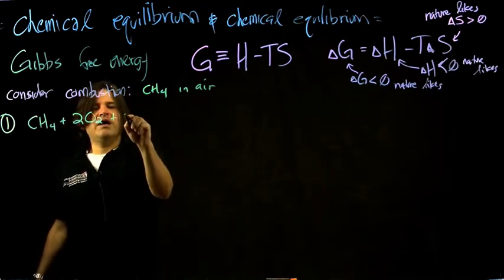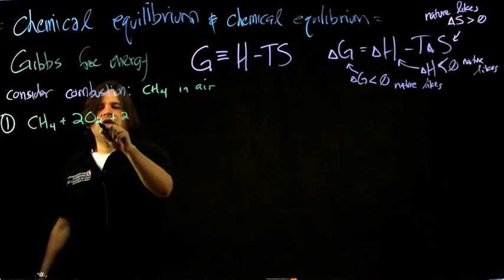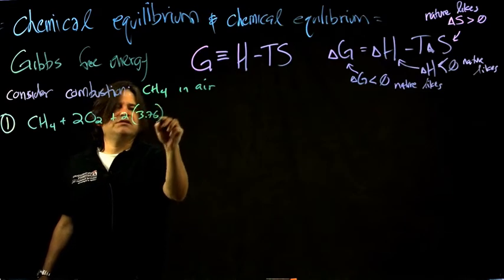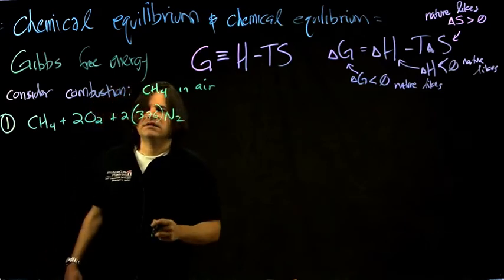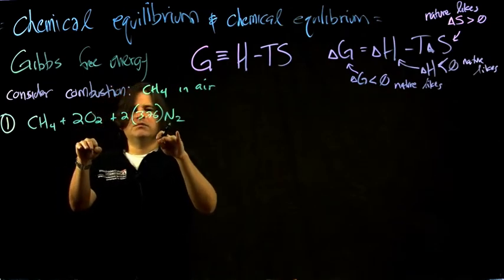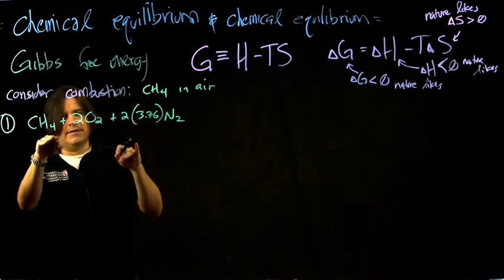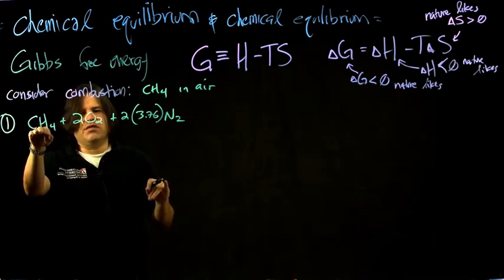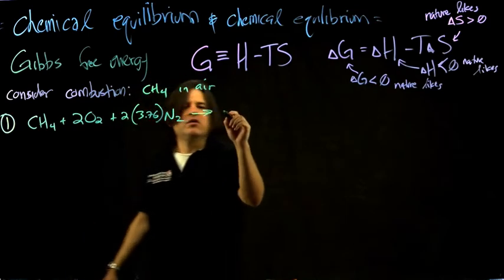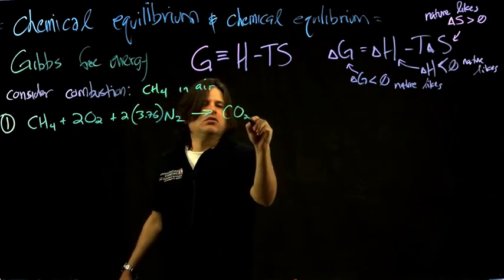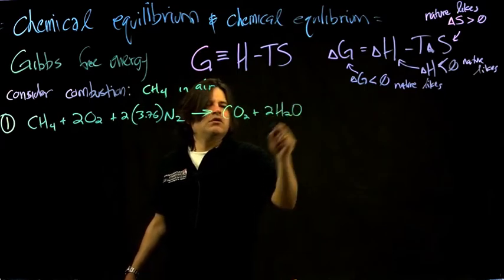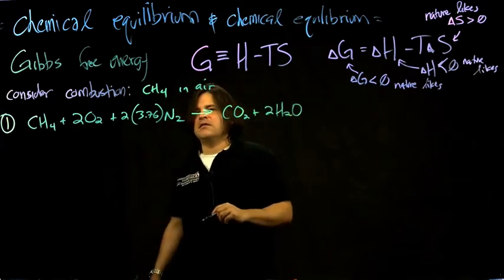So if we were to do this balance, you would have, for every 2 oxygen molecules, 2 times 3.76 nitrogen molecules, because that's a proportion, 1 oxygen molecule to 3.76 nitrogen molecules. And if you were to burn methane, you need 2 oxygens if you were to say, I'm going to make CO2 plus 2 waters, 2 H2Os. So that would balance out.